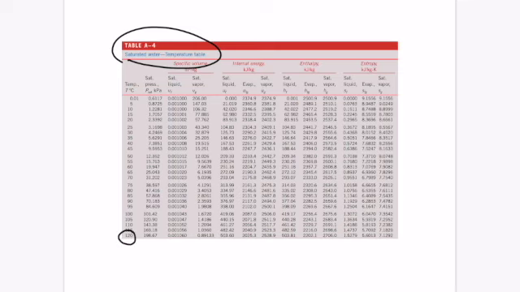Since you have a saturated liquid, you should be at the saturation pressure at that temperature. So the pressure is 198.67 and the specific volume will be the saturated liquid specific volume, which is 0.001060 meter cube per kilogram.